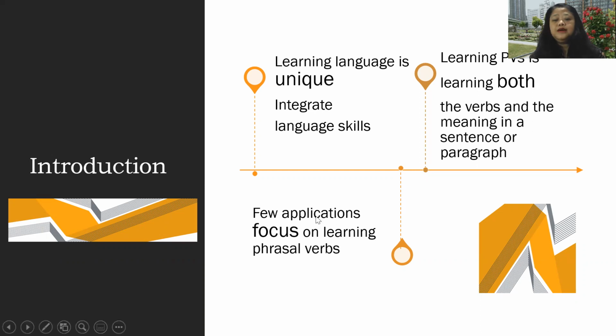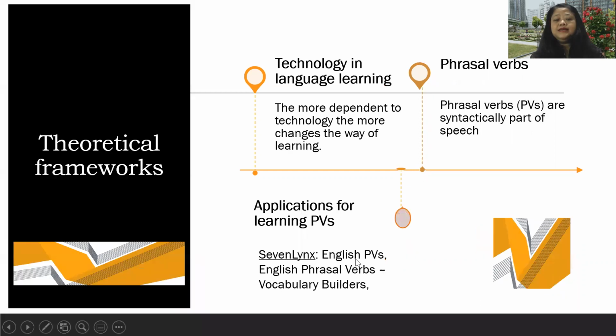So from this, we move to the next one, the theoretical framework. We have three big things underlying our research. The first one is technology and language learning. The more dependent on technology, the more the way of learning changes, from the old face-to-face into online learning or using online applications to learn. The second one is phrasal verbs, which are very specific and unique.